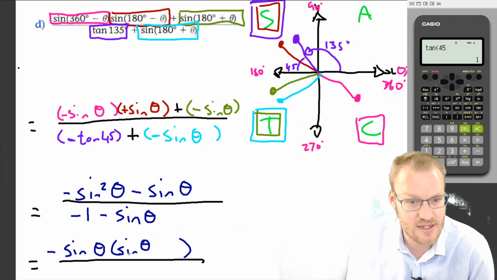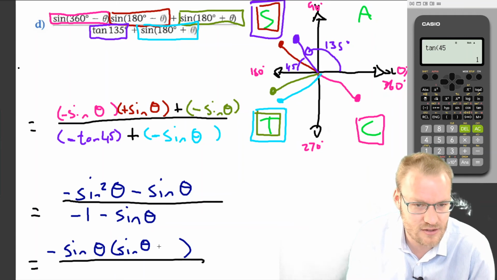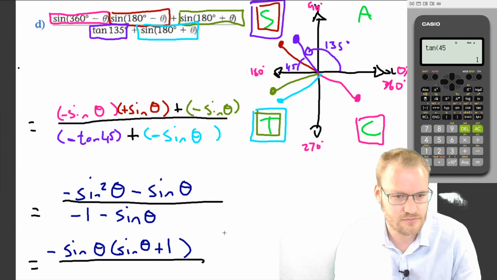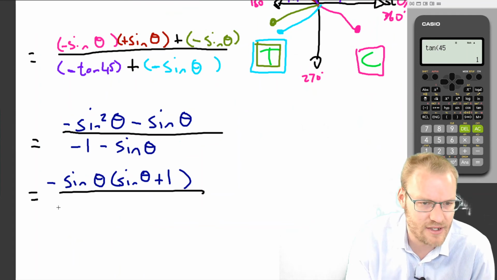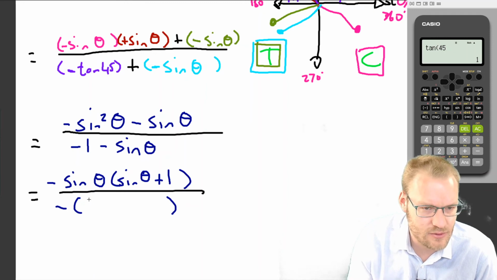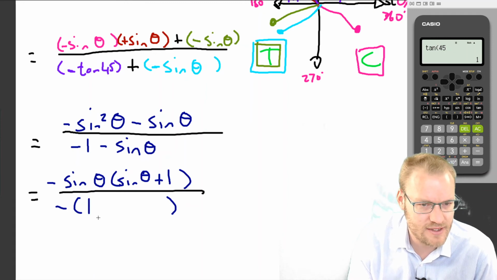Think sine theta times sine theta, sine squared. Okay, minus sine theta, so plus 1. Let's take out a negative on the denominator. Well, minus 1 is 1, minus sine theta plus sine theta.